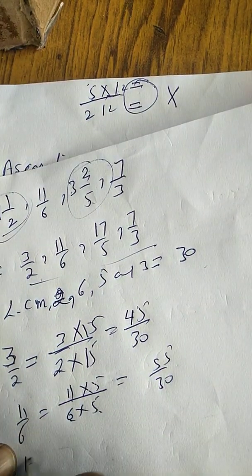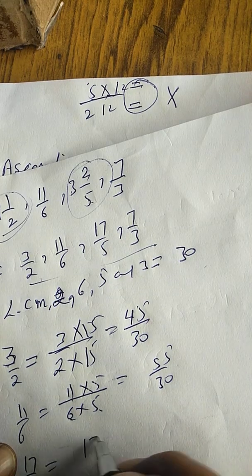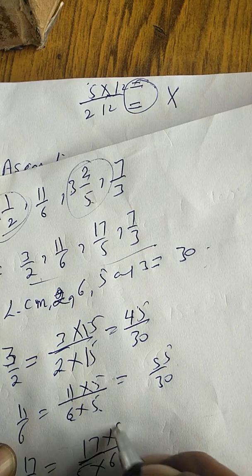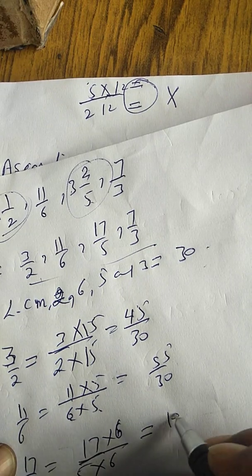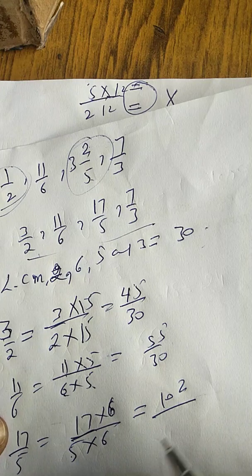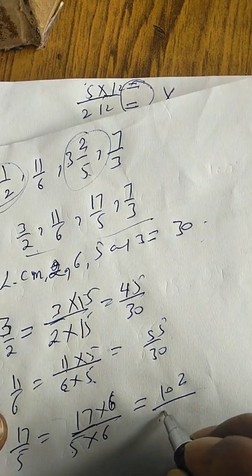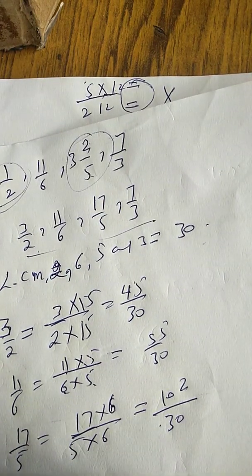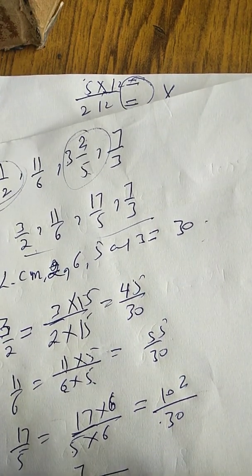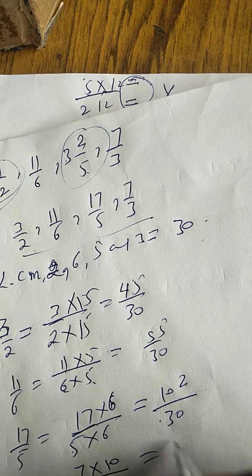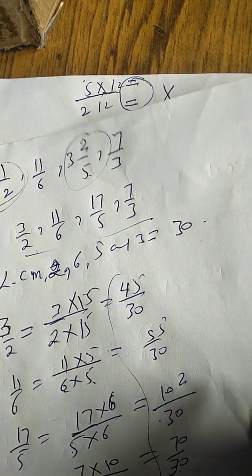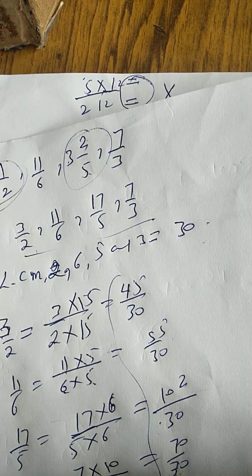Next is 17 upon 5. 5 6s are 30, so multiply by 6: 102 upon 30. Next one is 7 upon 3. 3 10s are 30, so 70 upon 30. In this way you have converted the unlike fractions to like fractions.